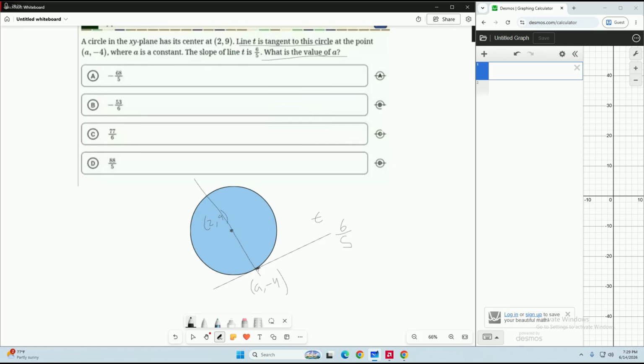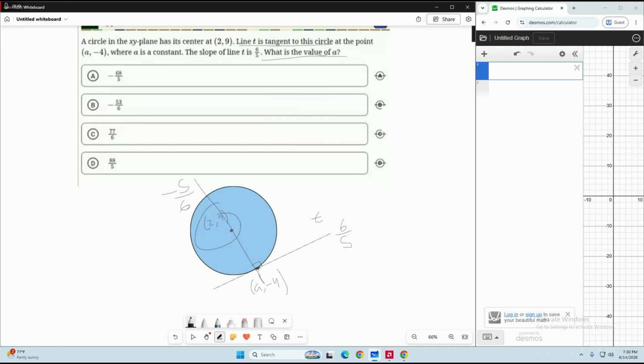I'm able to find the slope of this line by taking the negative reciprocal of the slope, because a tangent line creates a 90-degree angle with the circle itself. So line T and this line right here are perpendicular lines. That means if this slope is 6/5, this slope will be -5/6.